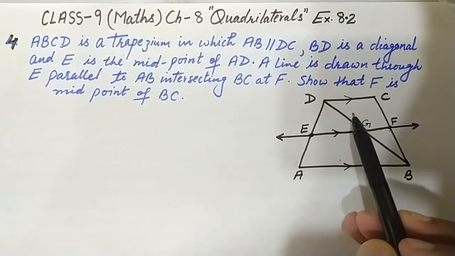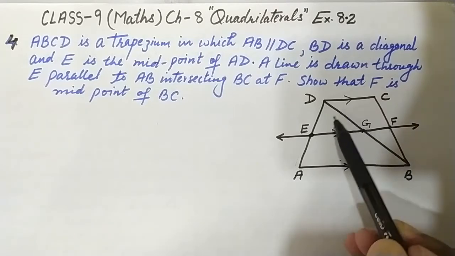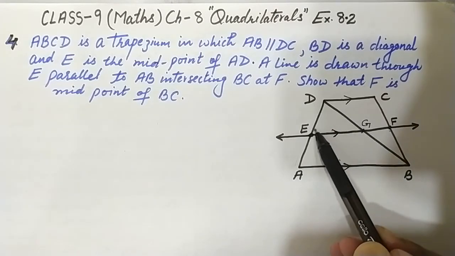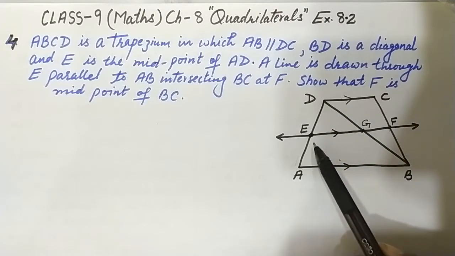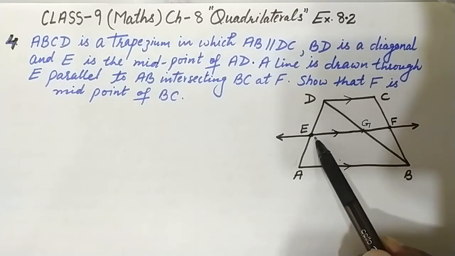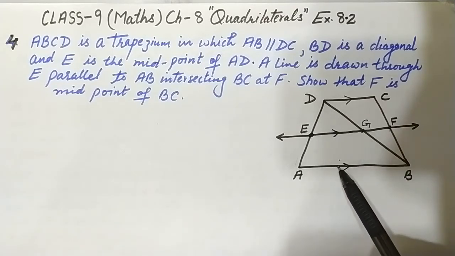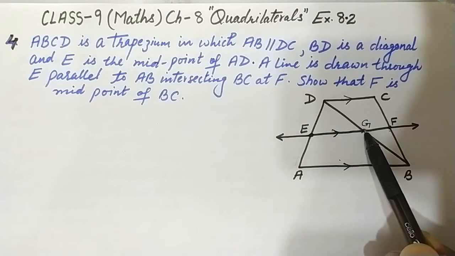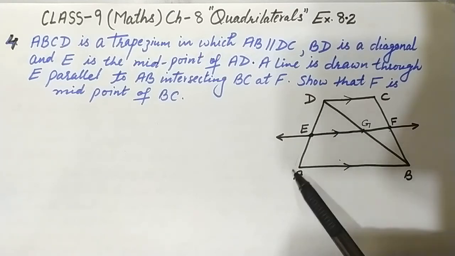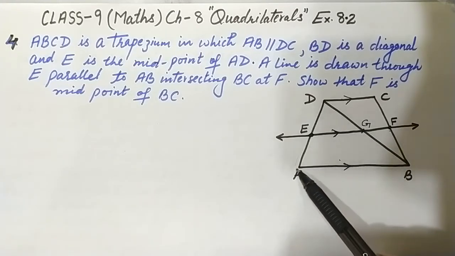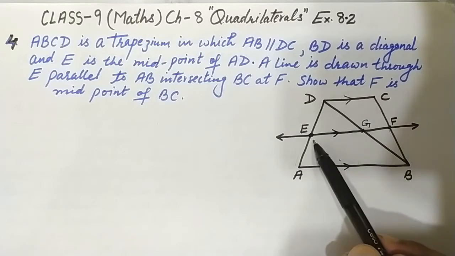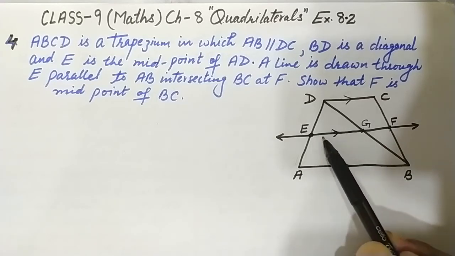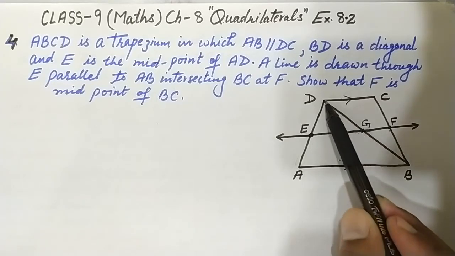Converse of midpoint theorem says that if a line is drawn through the midpoint of one side of a triangle and parallel to another side, it always bisects the third side. So here also in triangle ABD, E is the midpoint of AD and EG is parallel to AB, so G will be the midpoint of BD.